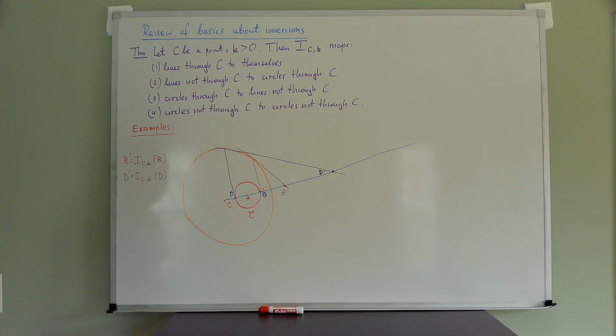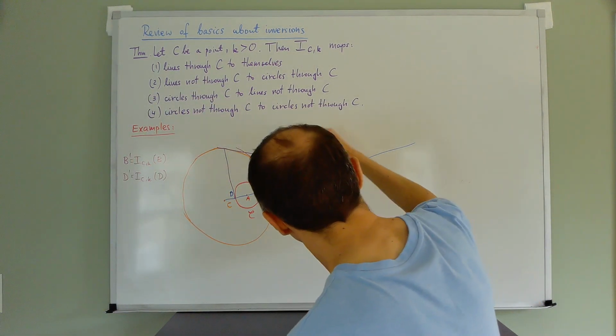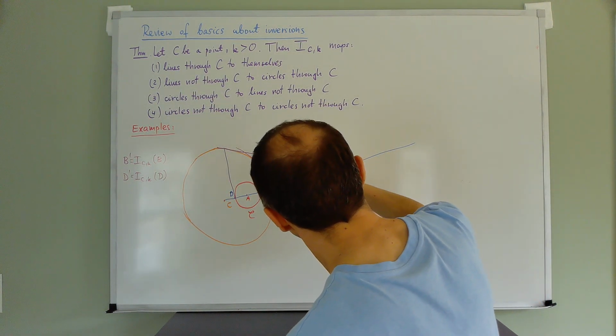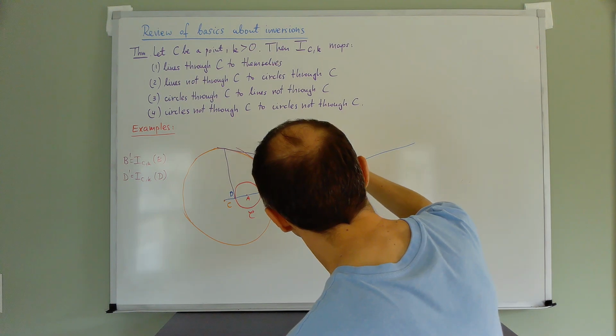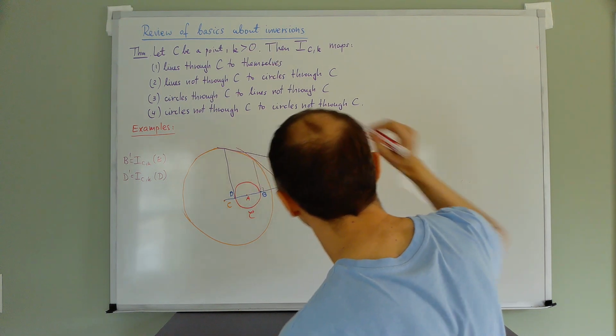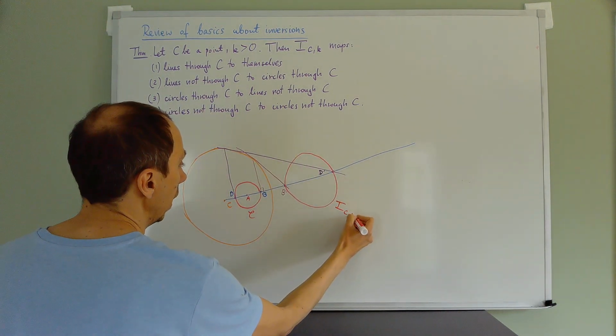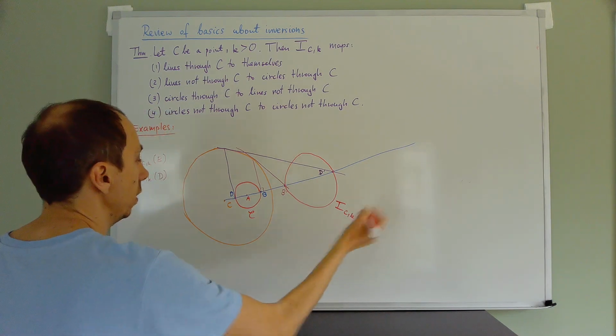So this now becomes the diameter of my circle. So this here is the image of C.